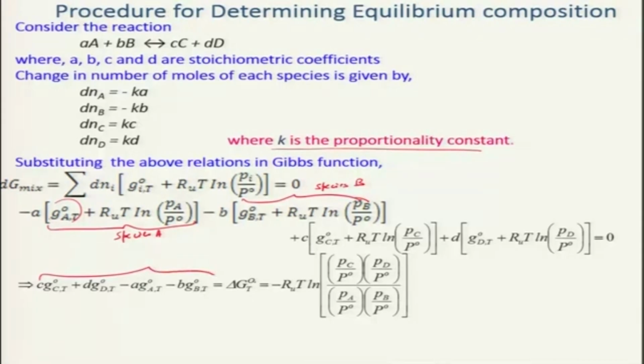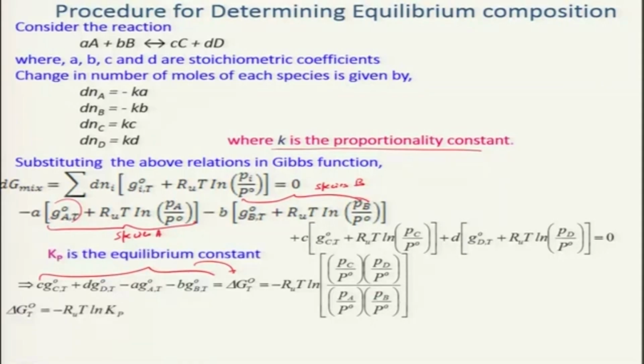This is nothing but the change in the total Gibbs free energy at the standard state, which is equal to, if I move this to the right-hand side, R_u T ln of (P_C by P naught) into (P_D by P naught) divided by (P_A by P naught) (P_B by P naught). Keep in mind that these are all partial pressures of the species on the product side and on the reactant side.